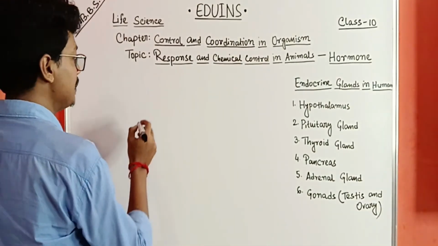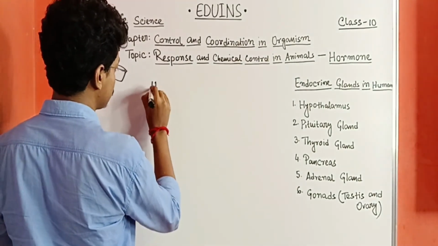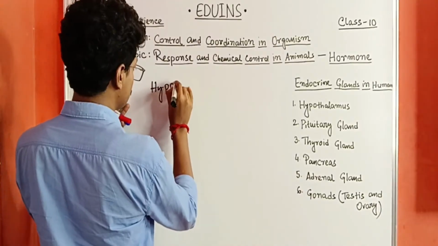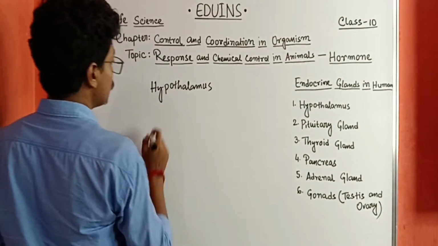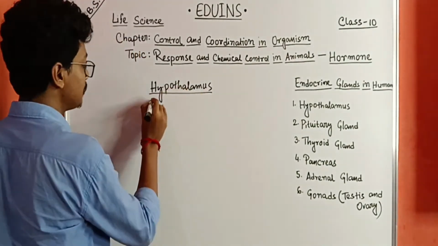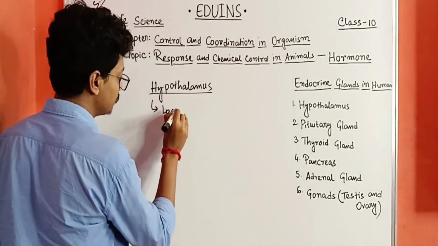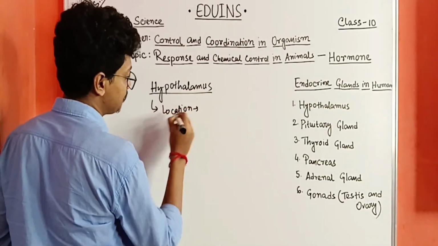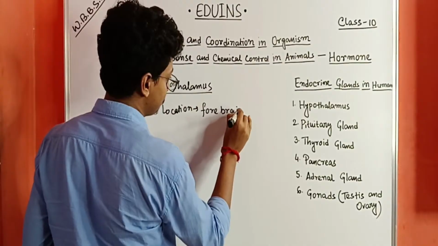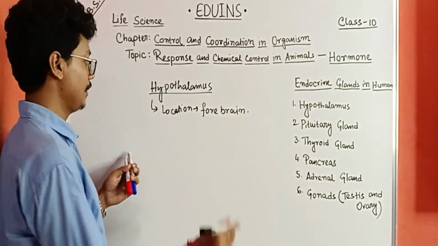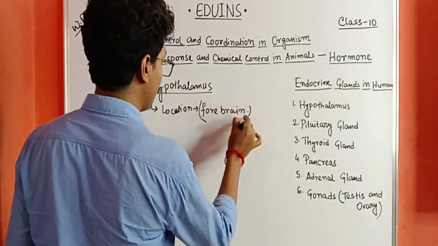Number one is the hypothalamus. What is the location of the hypothalamus? The location is the forebrain of our body.